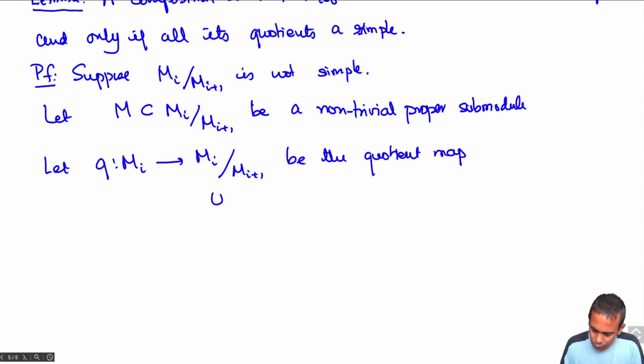And in here you have M, which is a submodule, and you can look at Q inverse M, which is contained in Mi.